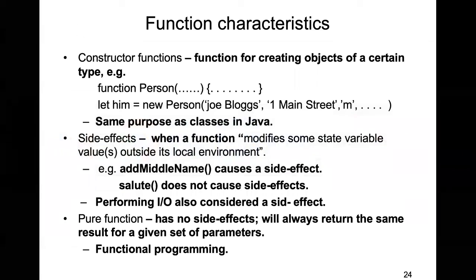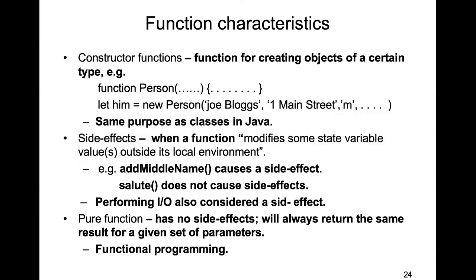And I'm just mentioning them here, okay? A constructor function really has the same purpose as classes in more modern languages. More than that, I'm not going to go into because we won't be using constructor functions. Constructor functions have been overtaken by classes in JavaScript.